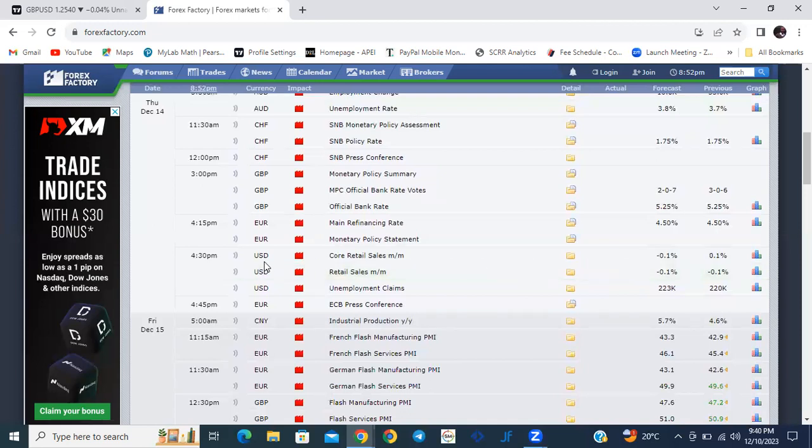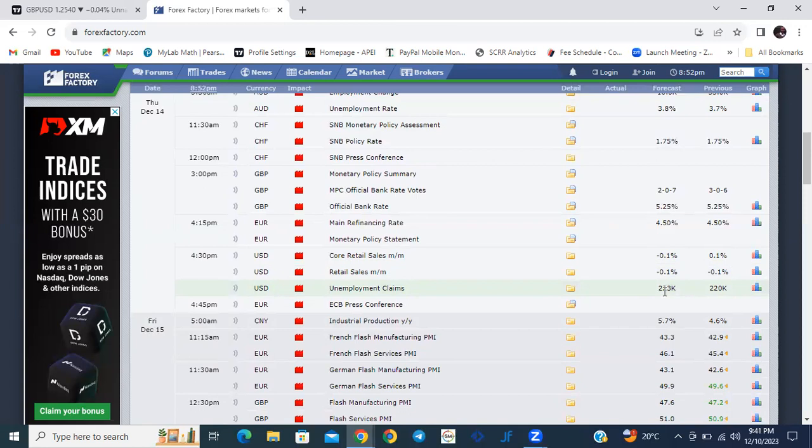But we said when we have more than two news, because we shall be having at 4:30, that is on Thursday 14th, three types of news. We have the core retail sales, the retail sales report, and the unemployment claim. They are projecting an increase in unemployment claim.